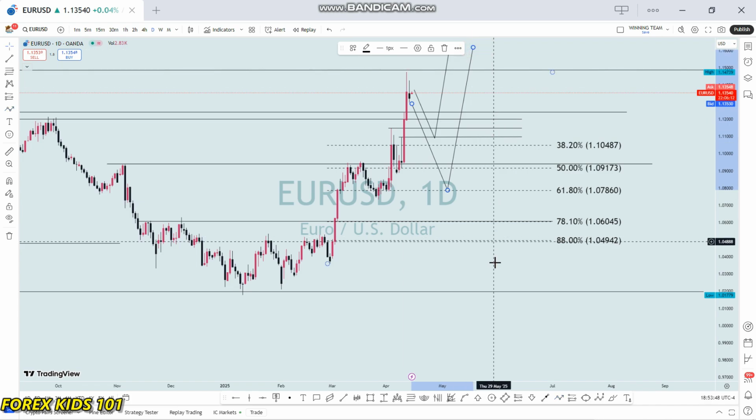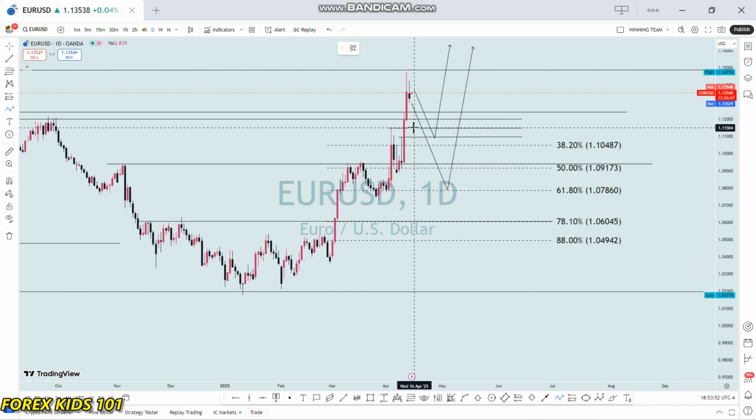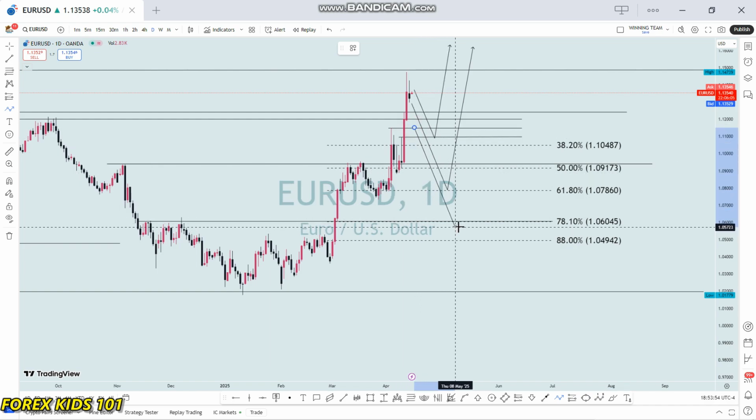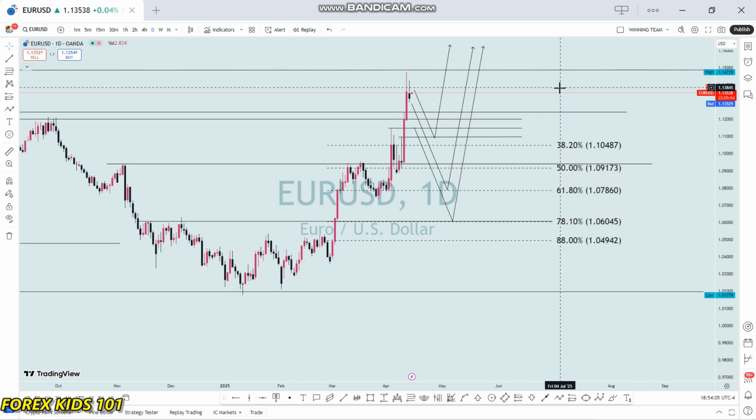Lastly, we still have the possibility of seeing the market pushing all the way down to my 78.1%, buying from there and then breaking all the way up. But for this, we're gonna have to wait, guys. We have to wait for confirmations and see how the market is playing out going forward.